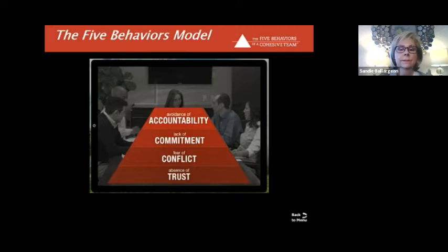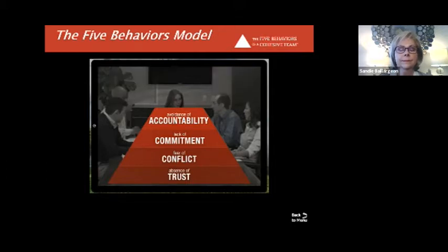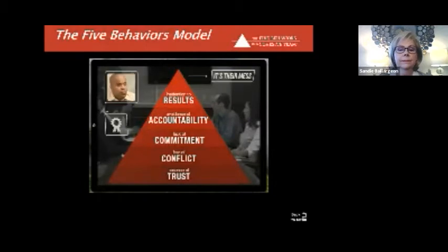Without committing to a clear plan of action, even the most focused and driven people often hesitate to call their peers on actions and behaviors that seem counterproductive to the good of the team. And this leads to the fifth dysfunction, inattention to results. Inattention to results occurs when team members put their individual needs, such as ego, career development, or recognition, above the collective goals of the team.